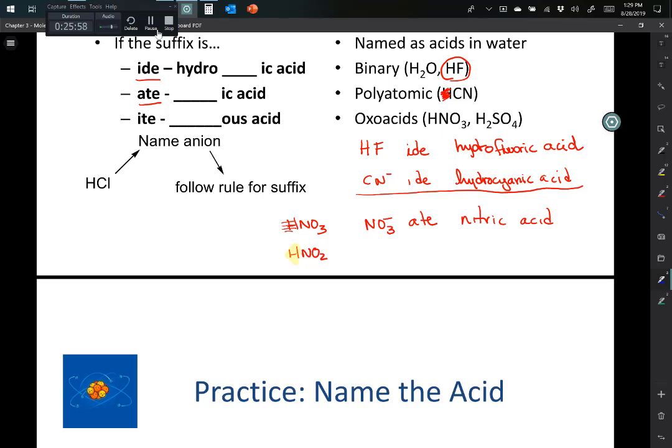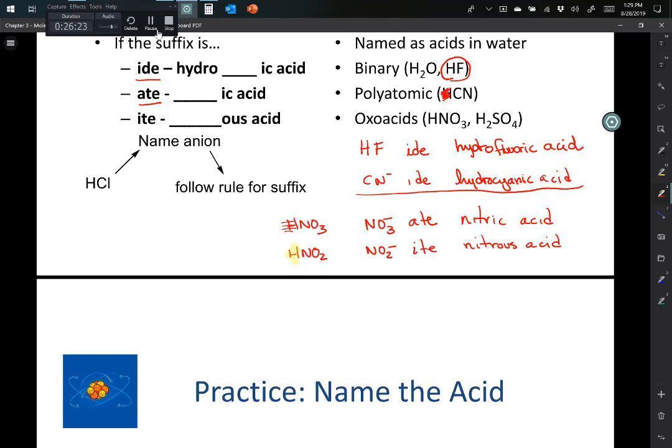So the ITE ending becomes an OUS ending. Nitrous acid.